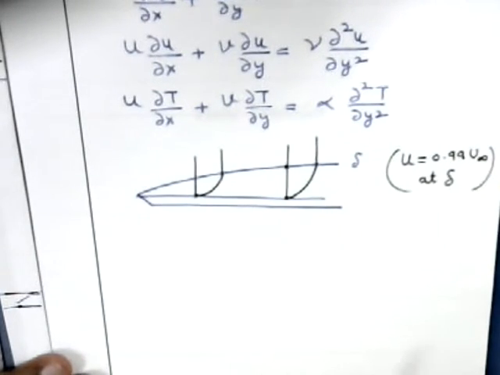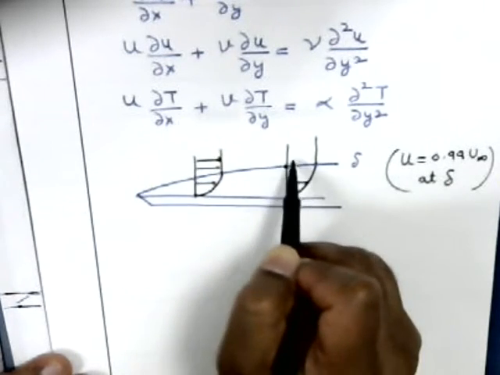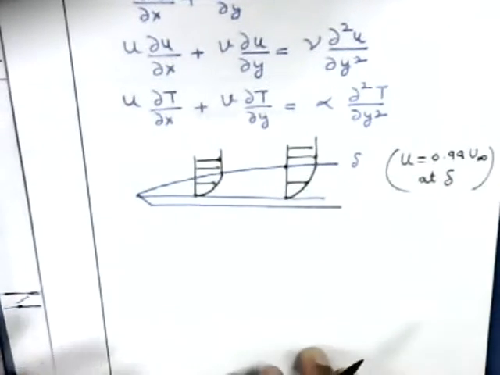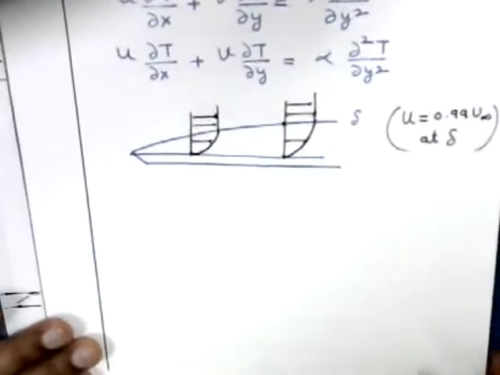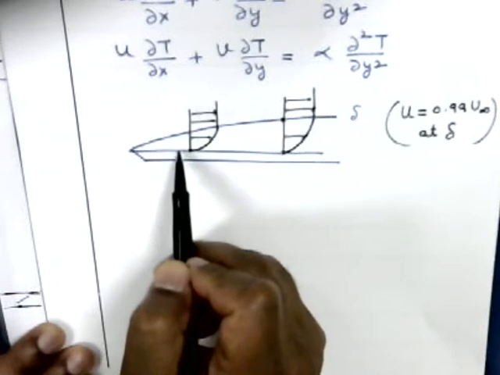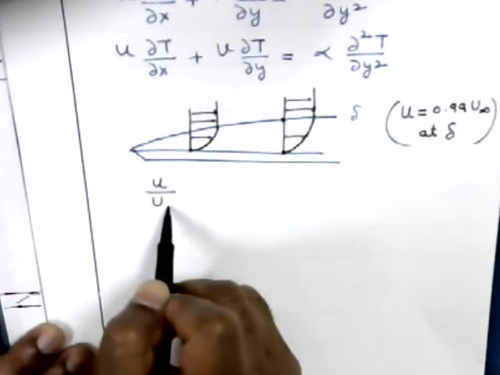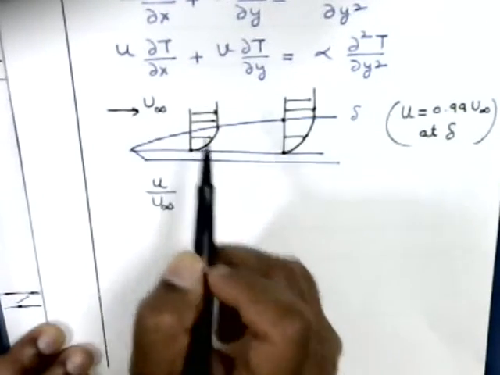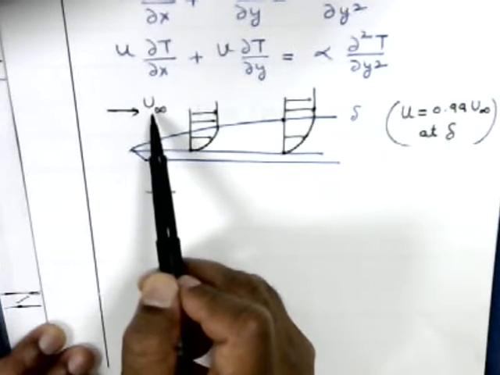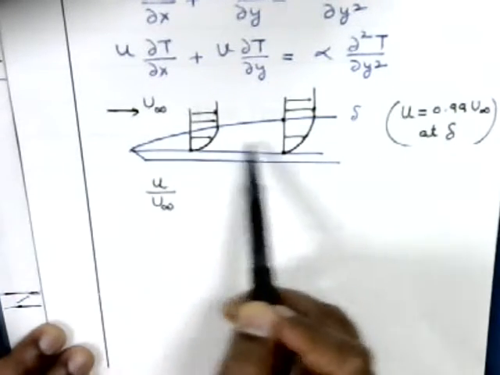Based on this, you can say that at any location x within the boundary layer, u over u infinity, where u infinity is the velocity outside the boundary layer, does not depend on x in this case, because there is no pressure gradient in the x direction.